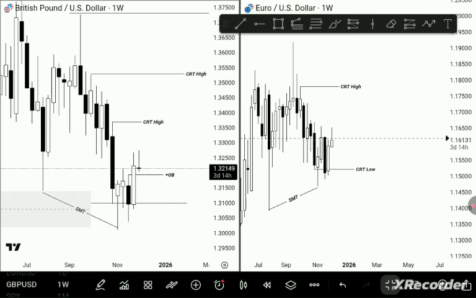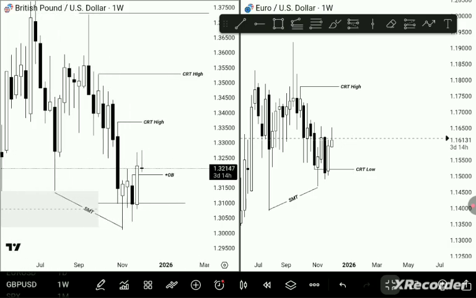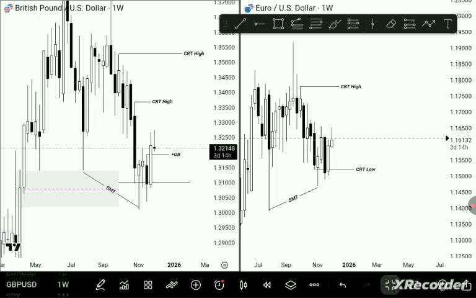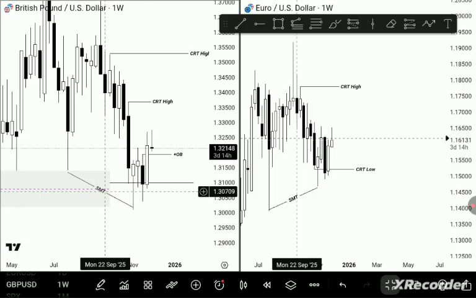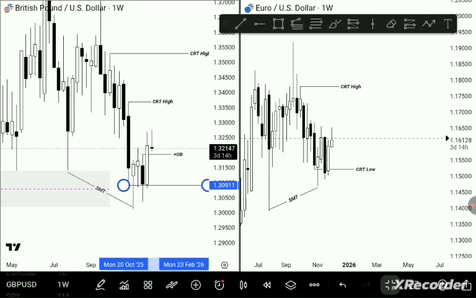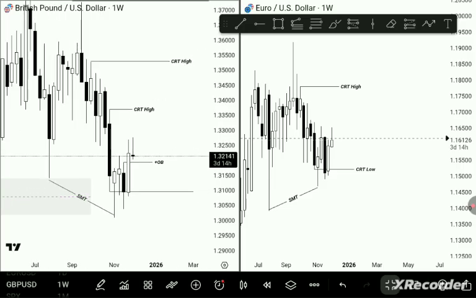Yes, we also had the weekly CRT. So of course, based off time frame alignment, since we had a higher time frame key level right there, this can be an appropriate CRT to use, right? So hopefully, I hope you understand.